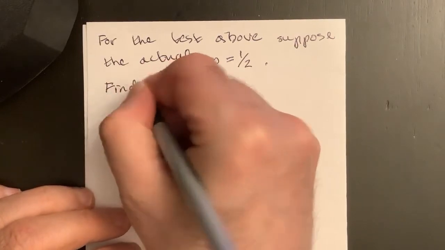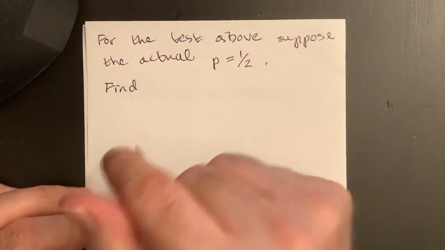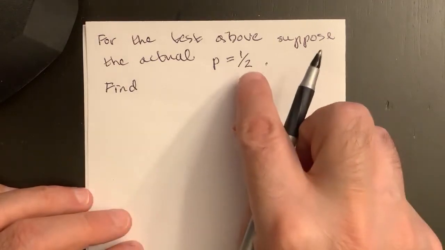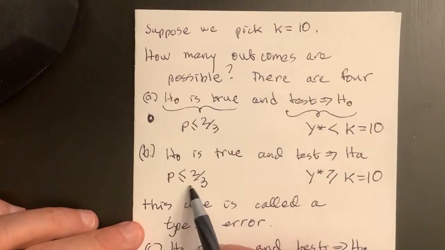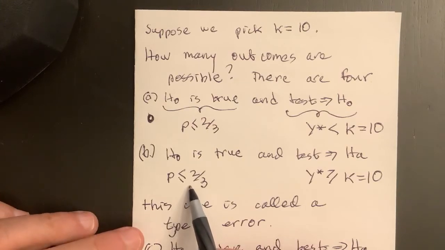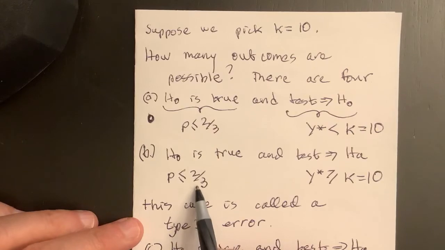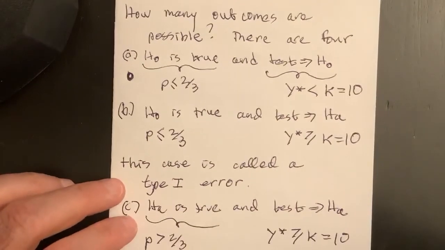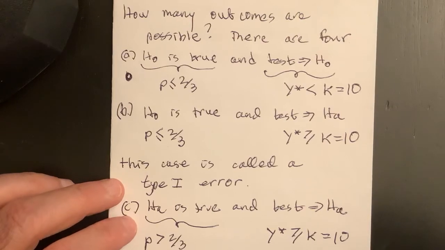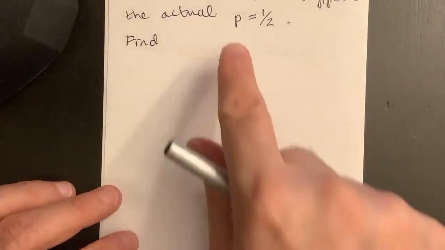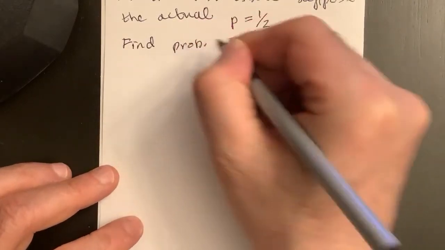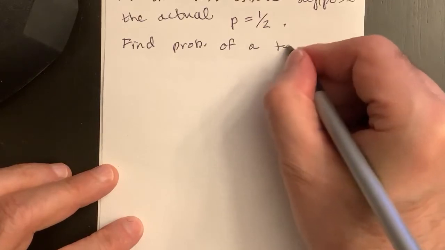So in other words, H0 is true. Okay, let's just do this with P as a half. Find the probability of a type 1 error.